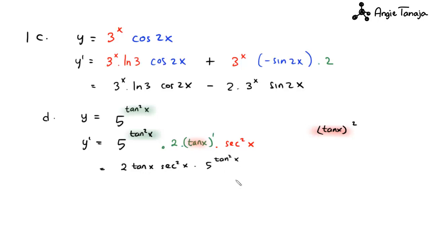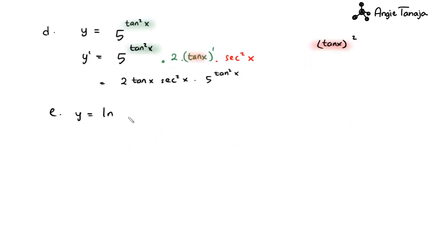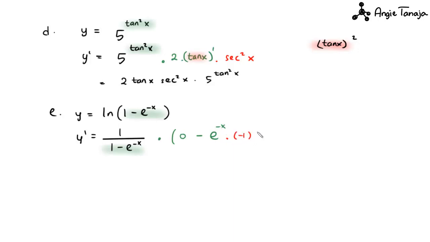y equals ln of something, and the something is 1 minus e to the negative x. So y prime according to the ln will be 1 over that something, and we have to multiply with the derivative of these things, which is 0 minus e to the negative x, and multiply it with another chain rule here, which is negative 1, because we have another something here.